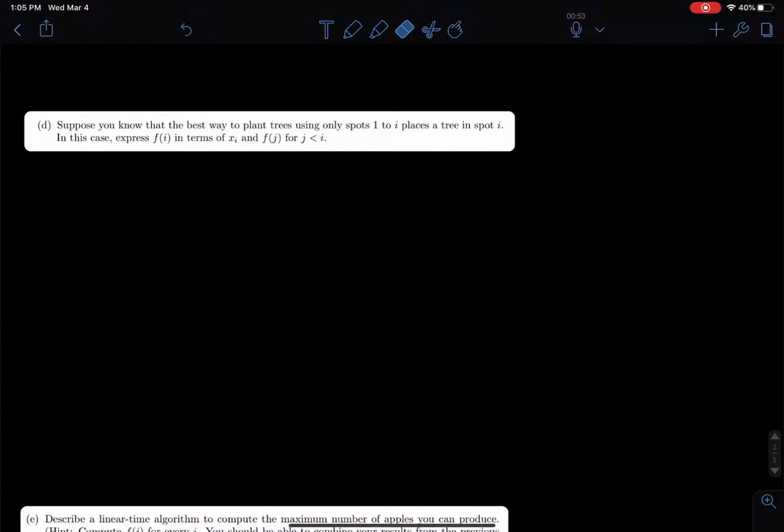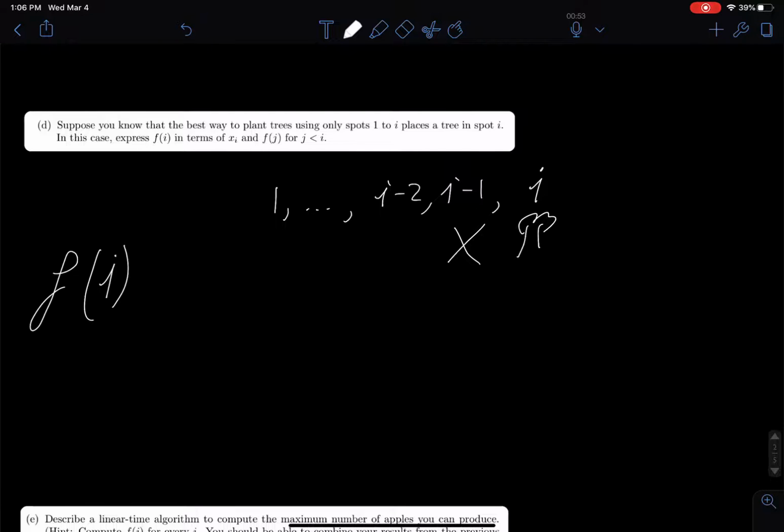Now, we also have another option. We can choose to plant a tree at spot i. So let's say we choose to plant a tree at spot i. We note that now it's infeasible to plant a tree at spot i minus 1. So when we're trying to express f_i here in terms of smaller subproblems, the value, the number of apples that we're going to get is going to include x_i, but it's not going to include i minus 1.